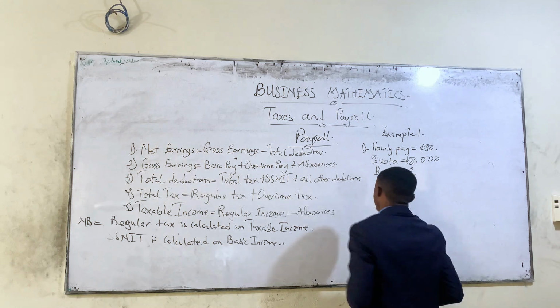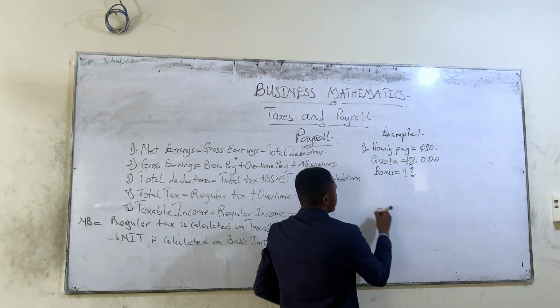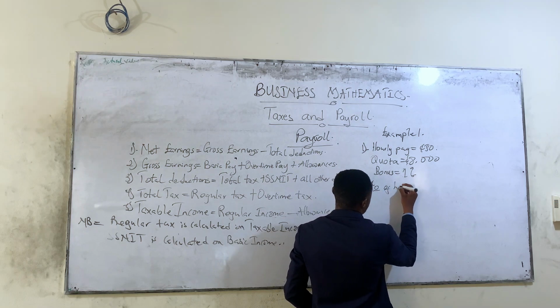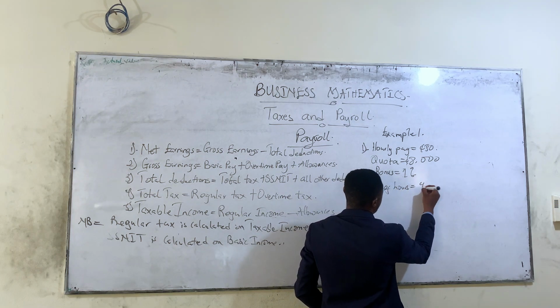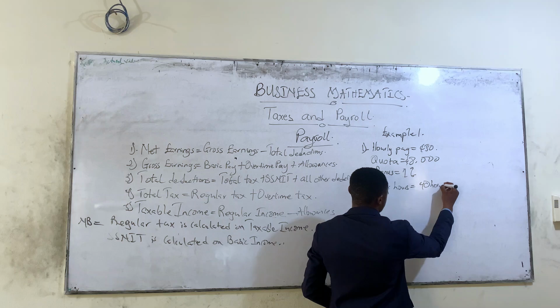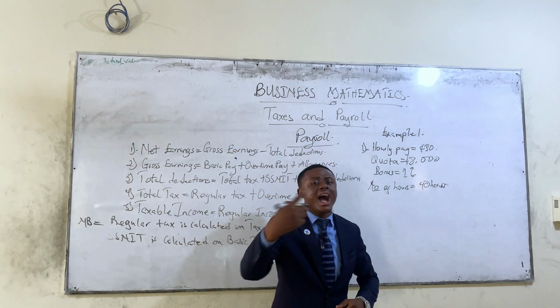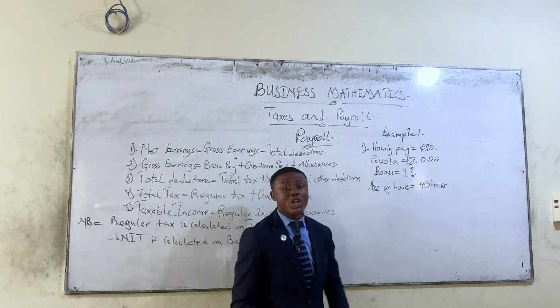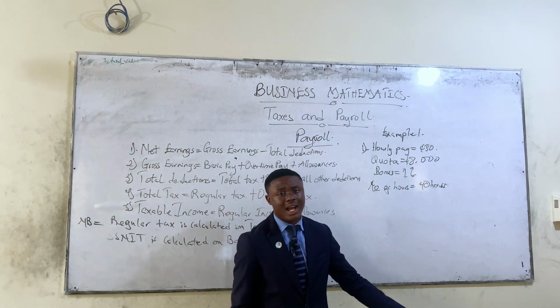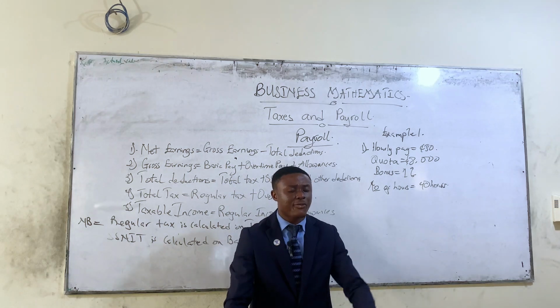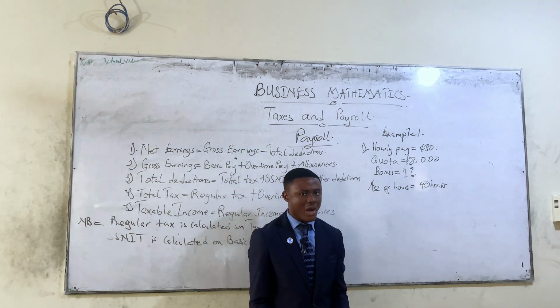Are we good? So meaning that at the end of the week, the number of hours that you are expected to work was what? 40 what? Hours. But here the question says he had worked 49 hours in a week. Here we don't know whether he had worked the 9 hours on Monday or Sunday. All that we know is that he had worked overtime for what? 9 hours. Are we good?